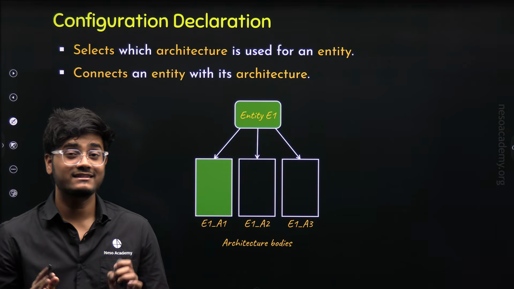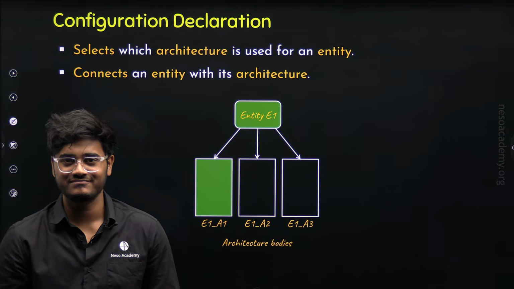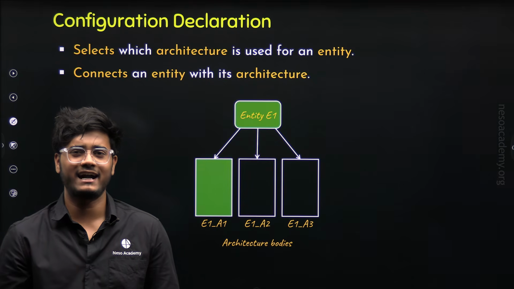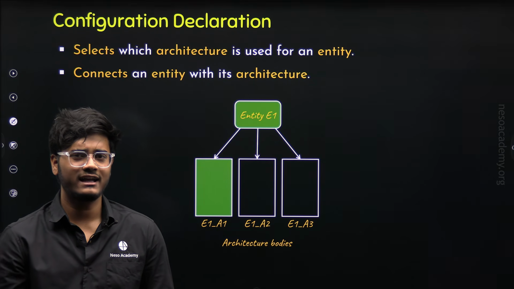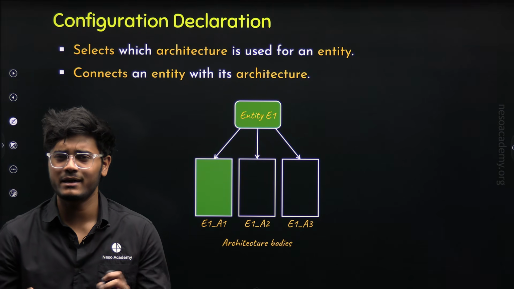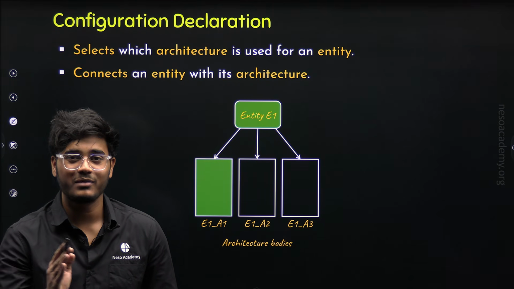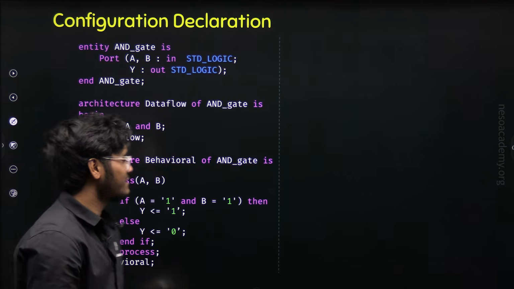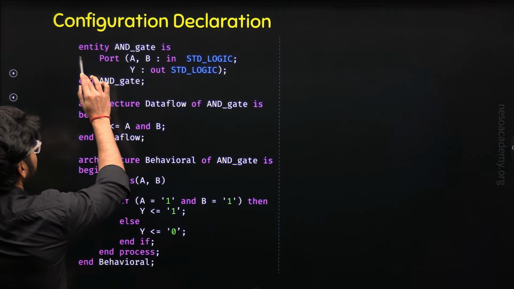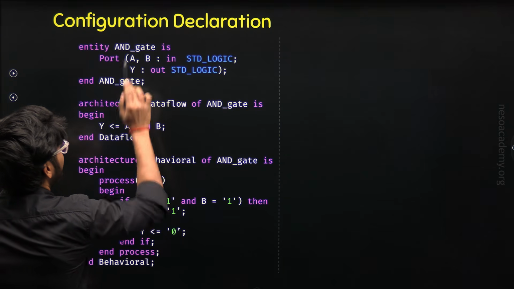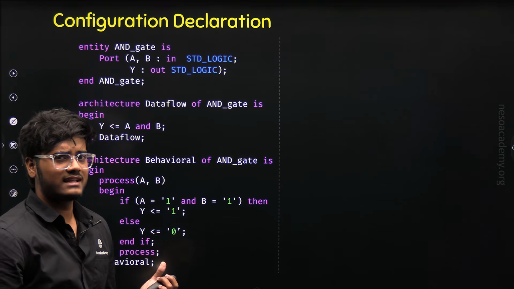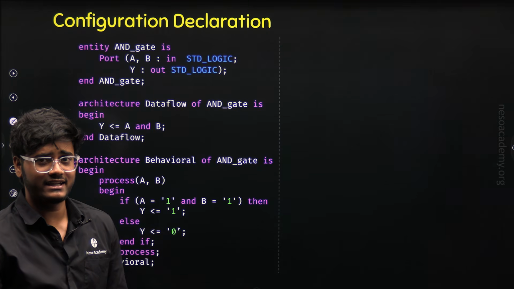Now let's see the syntax of configuration using an example of AND gate. We have already seen the VHDL code for an AND gate. Let's take the same example, but with multiple architectures. The code starts with entity declaration with entity's name and underscore gate, as this is the example of two input AND gate.